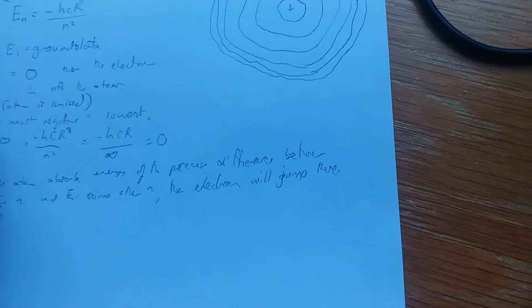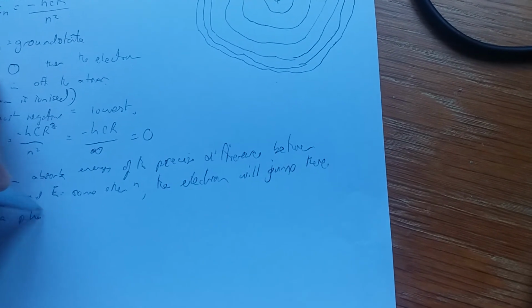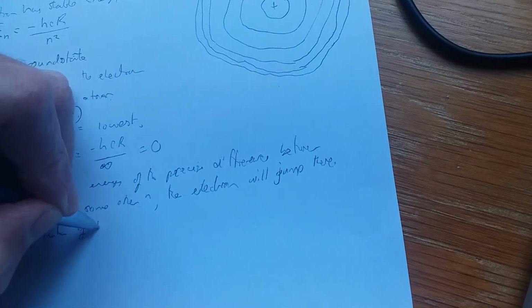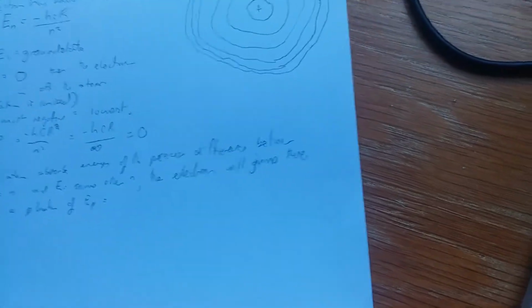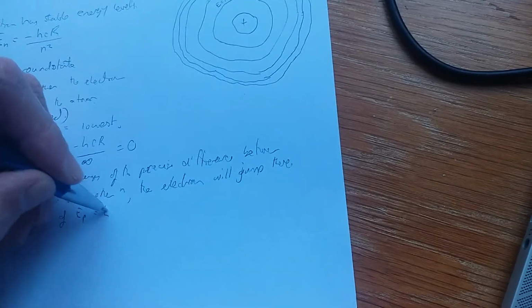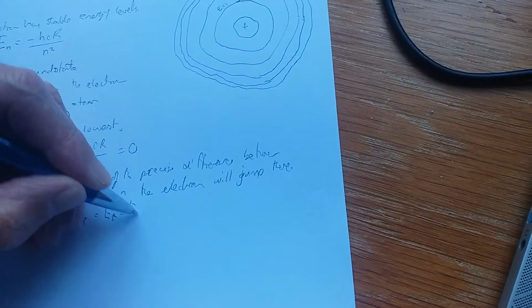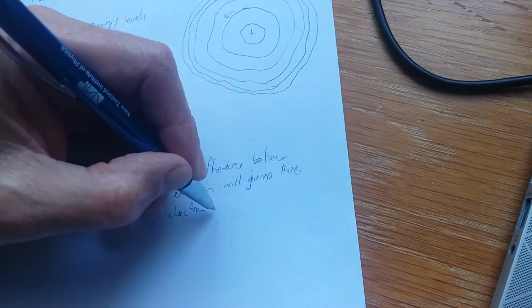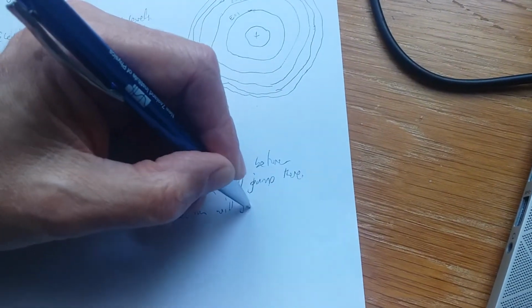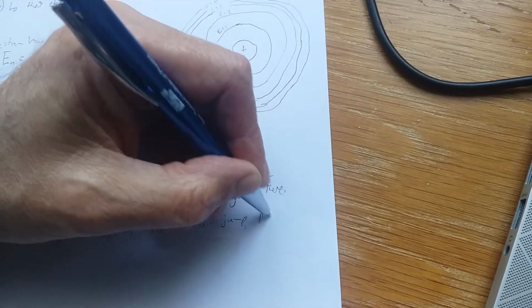So if a photon, the energy of a photon, is 100% equal to E final minus E initial, the electron will jump. And the photon will be absorbed.